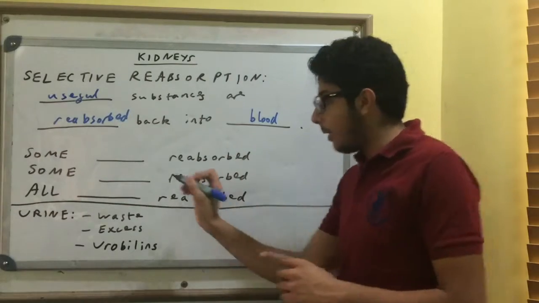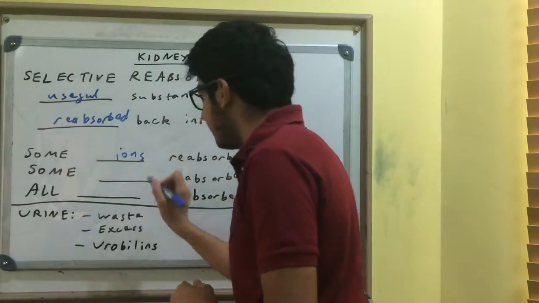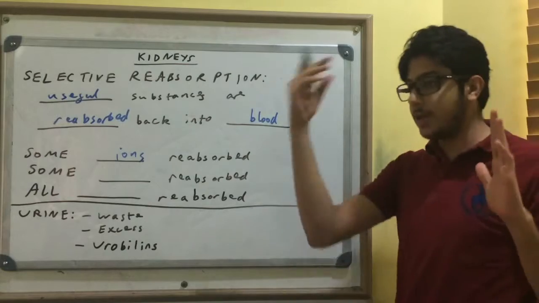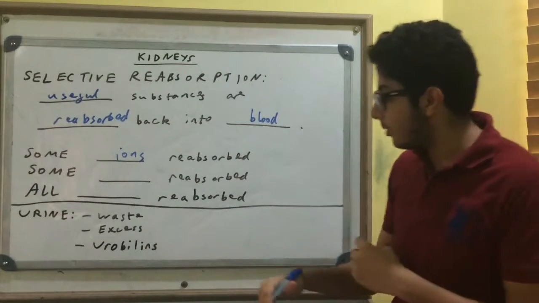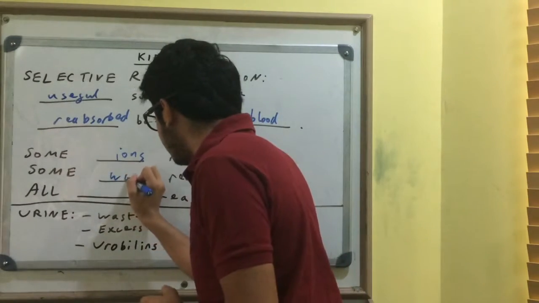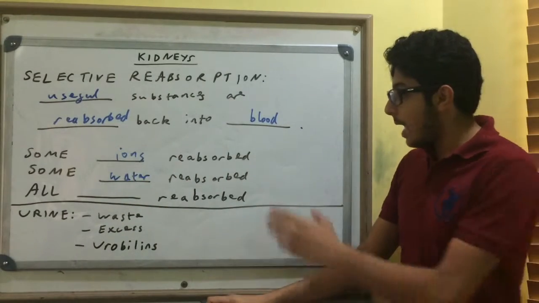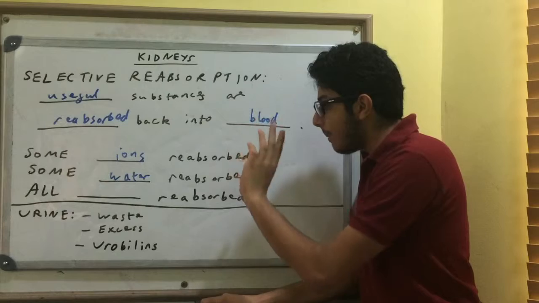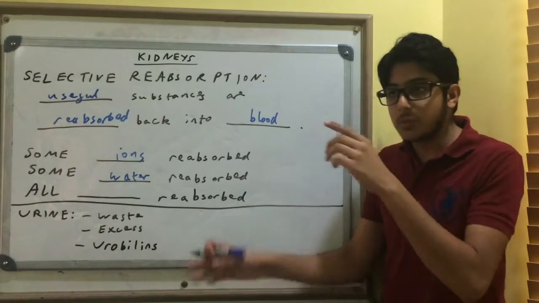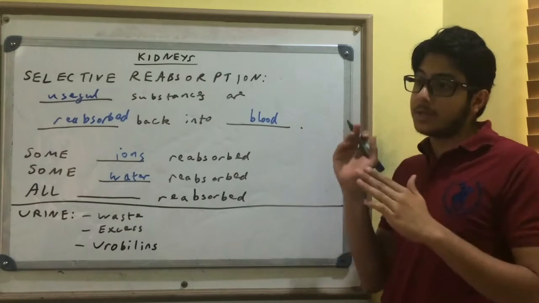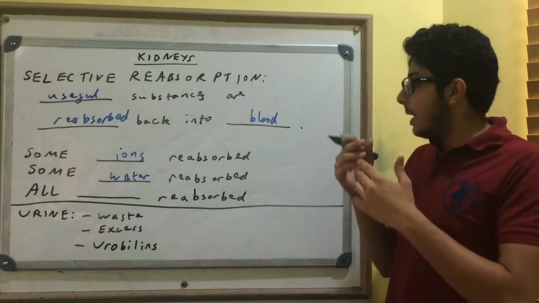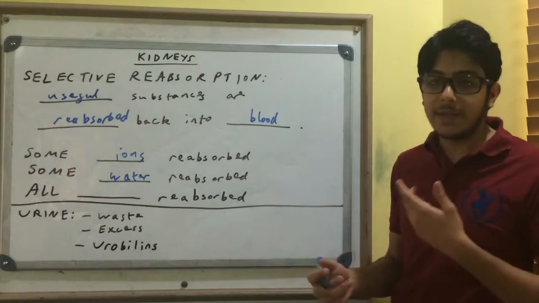Now, some of your ions that went from the blood to the kidney are reabsorbed, and some of the water is also reabsorbed. And the amount of ions or water that's reabsorbed back into the blood after it has passed through the kidney by diffusion depends on what the body needs.